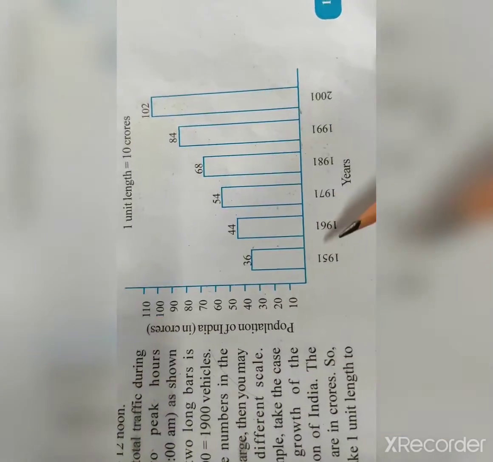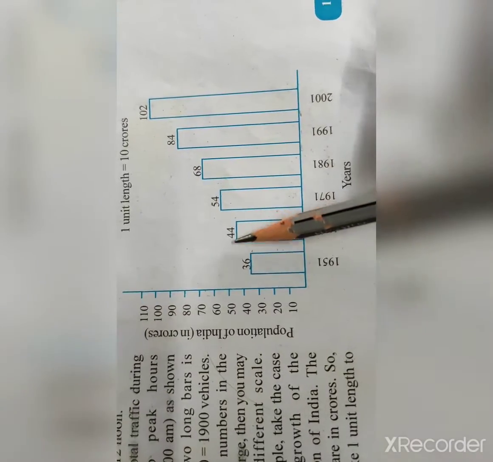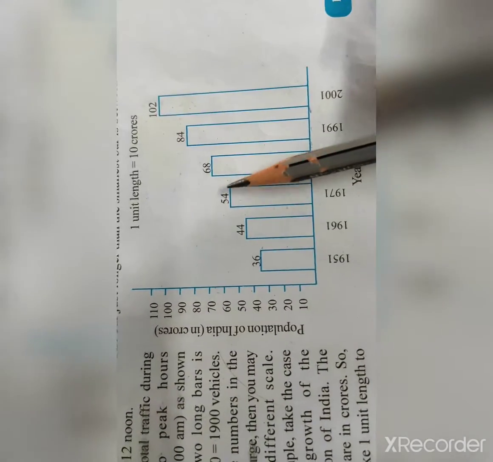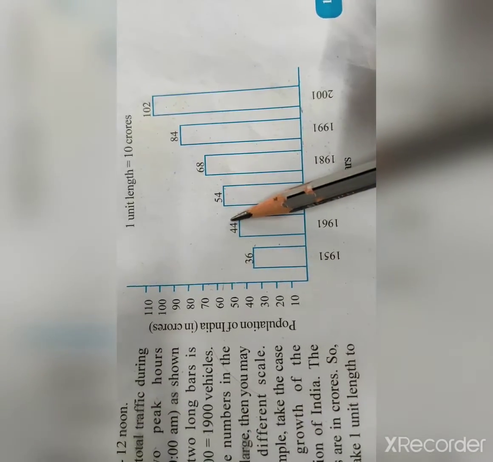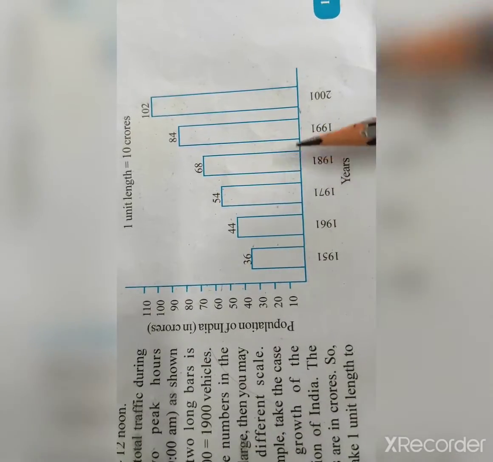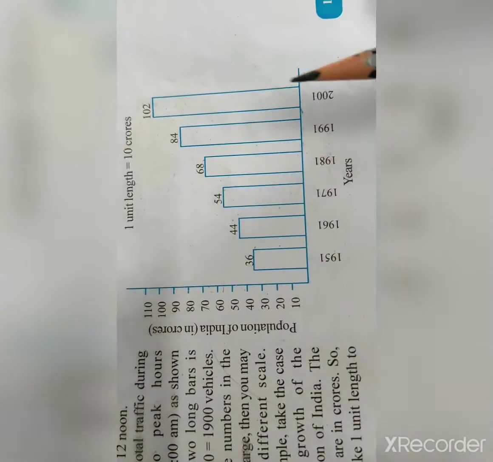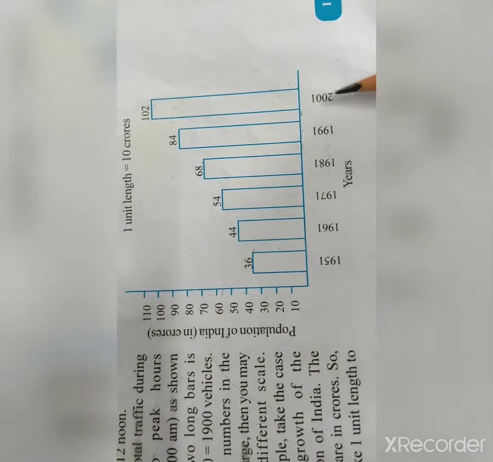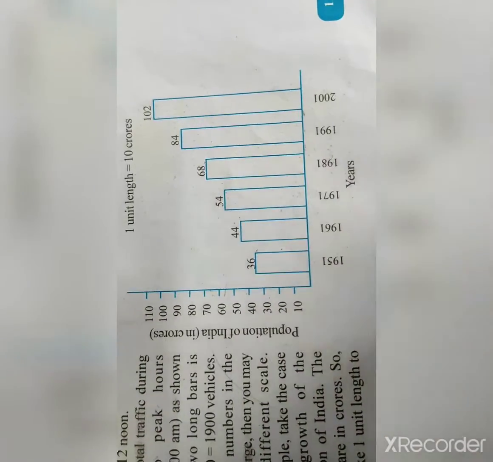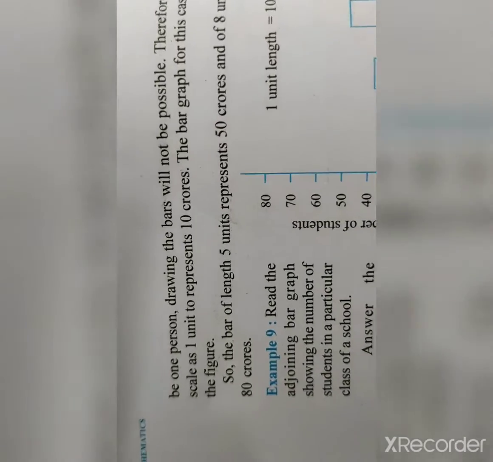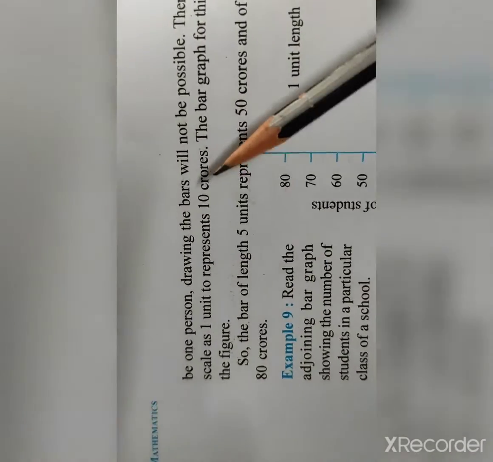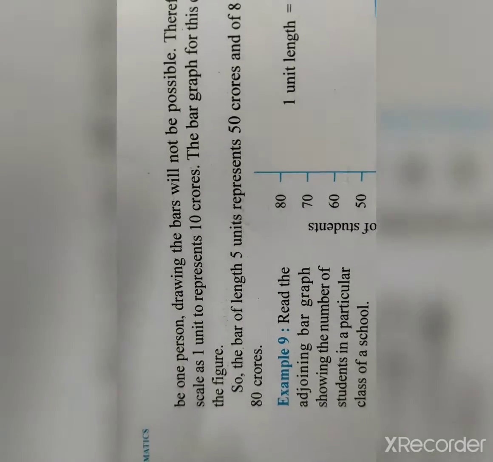1961, 44 crores. 1971, 54 crores. 1981, 68 crores, then 1991, 2001. You can see. So if you take 1 unit length to one person, drawing the bars will not be possible.